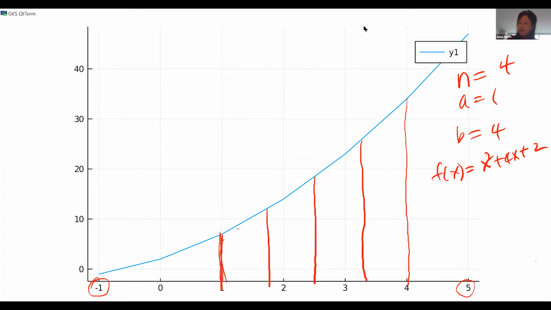All right, and then I have to find 2 different ones. So I'm going to use a yellow color for the upper sum. Upper sum is the yellow one. That means I'm using this as my rectangle.